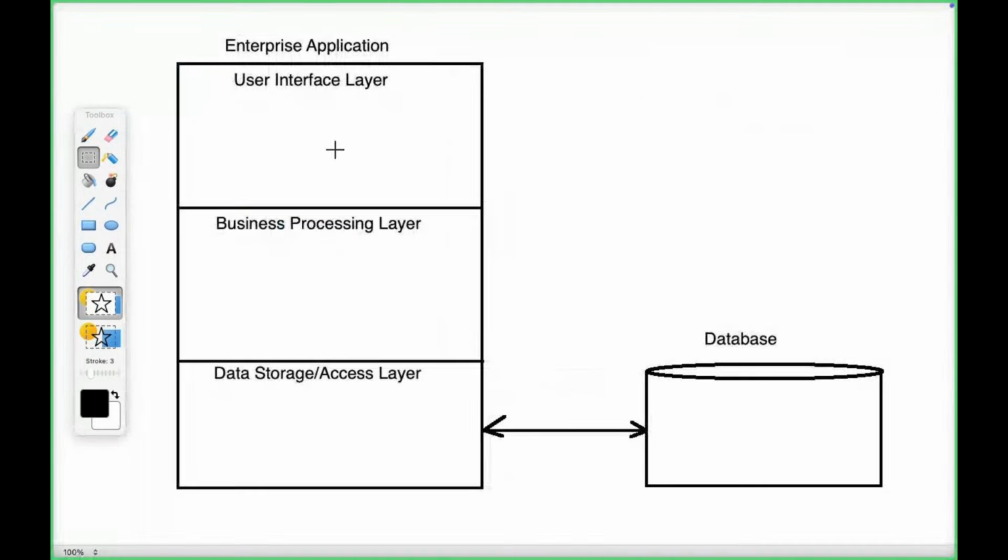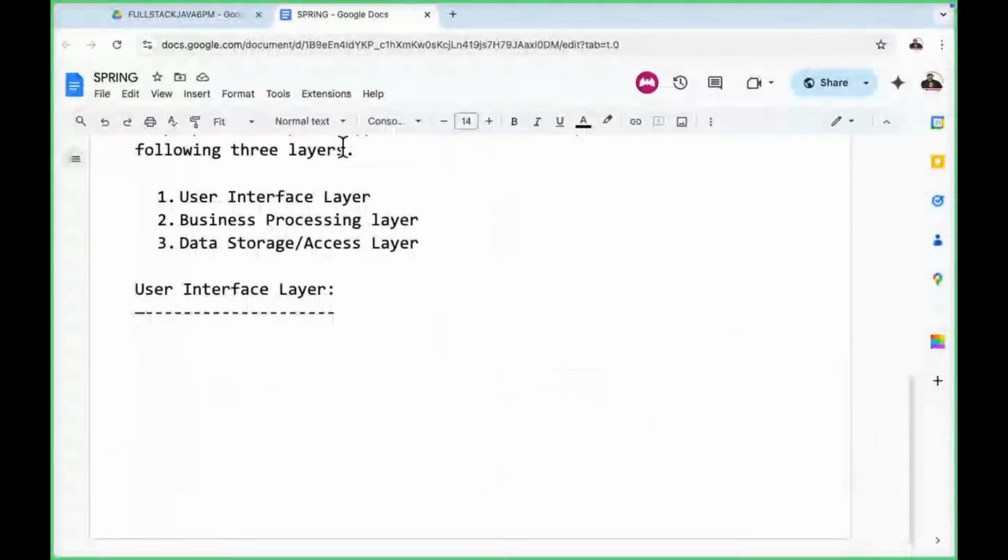Okay, fine. So what is this user interface layer? What is the purpose of it? Now I want to give some points. Try to understand it. Simple question I'm asking to all of you. Now try to answer it. I think all of you are having Gmail accounts.